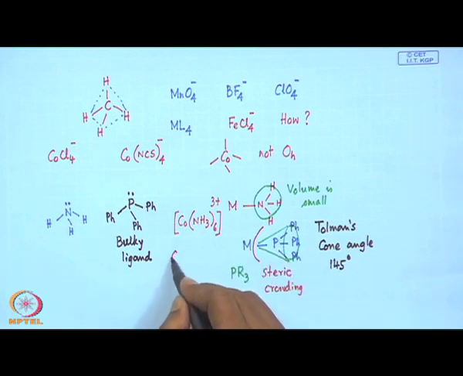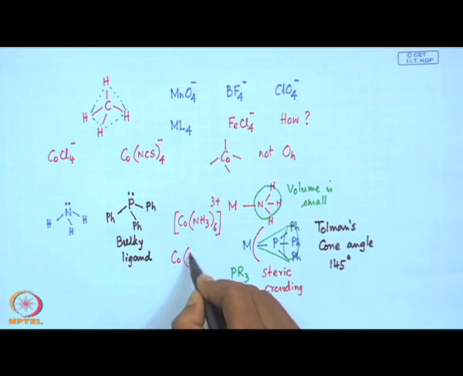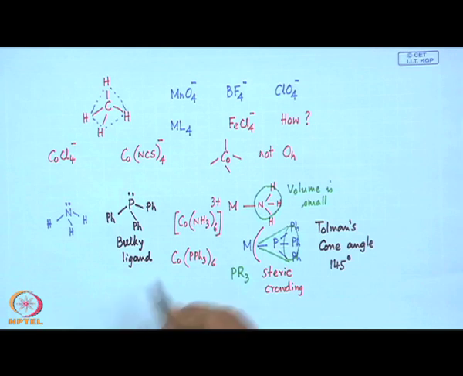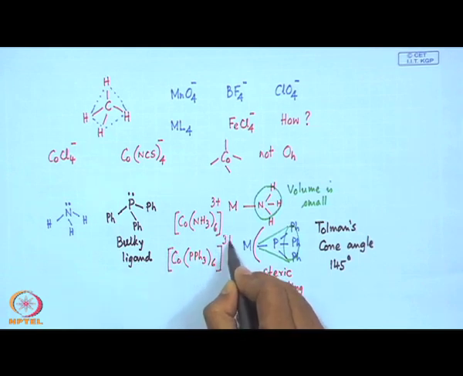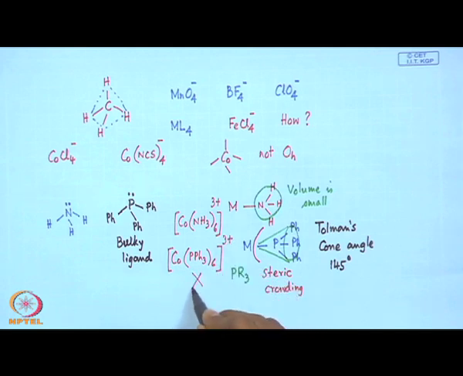That means, we cannot have cobalt PPh3 whole 6 molecules in our hand, similar to that ammonia complex, because the steric crowding would be more, and we will not end up in a situation where 6 phosphine ligands can cover this cobalt center systematically in an octahedral geometry.